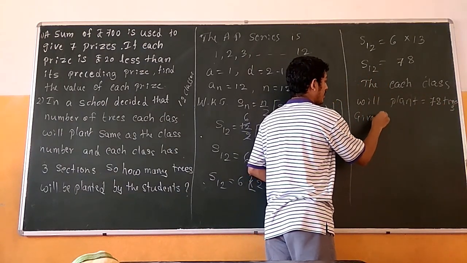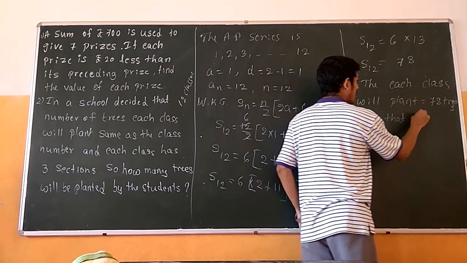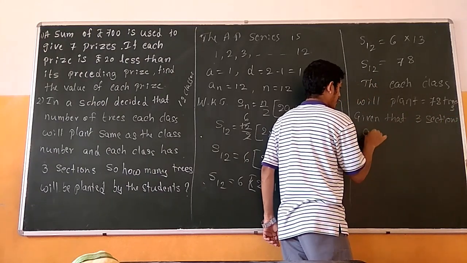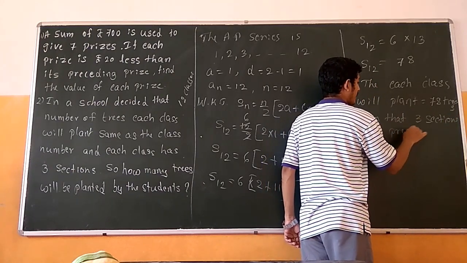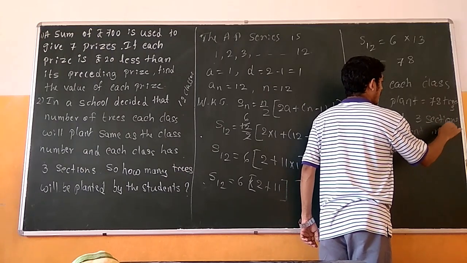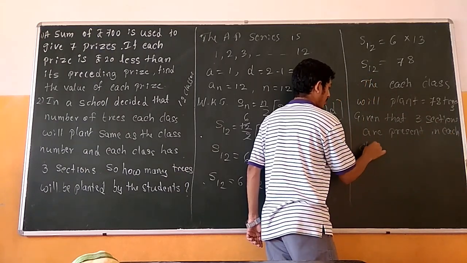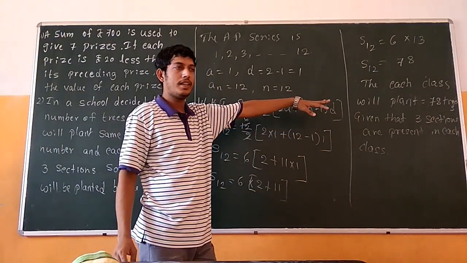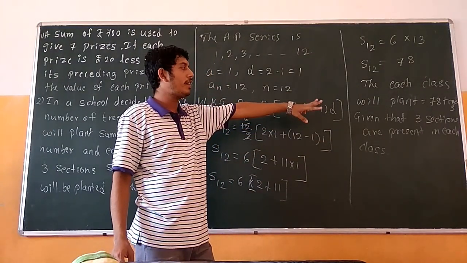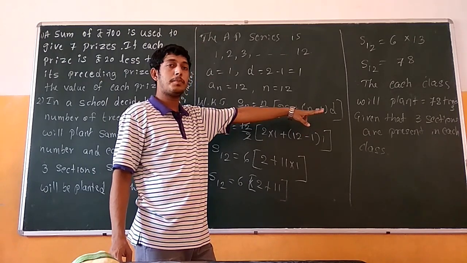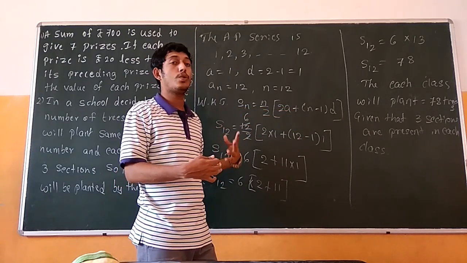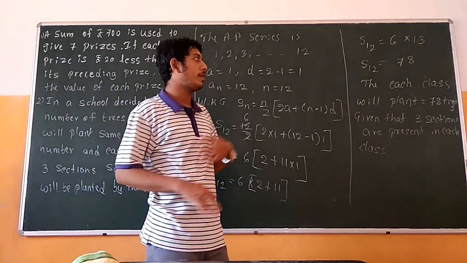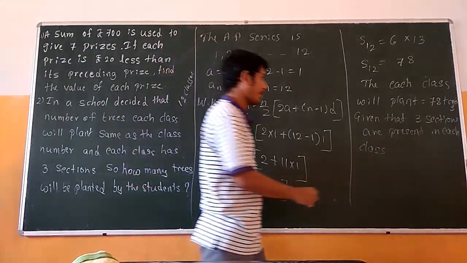Given that 3 sections are present in each class, so totally each section will plant 78, and given that 3 sections are present, therefore the total number of trees planted by the school becomes 78 into 3.